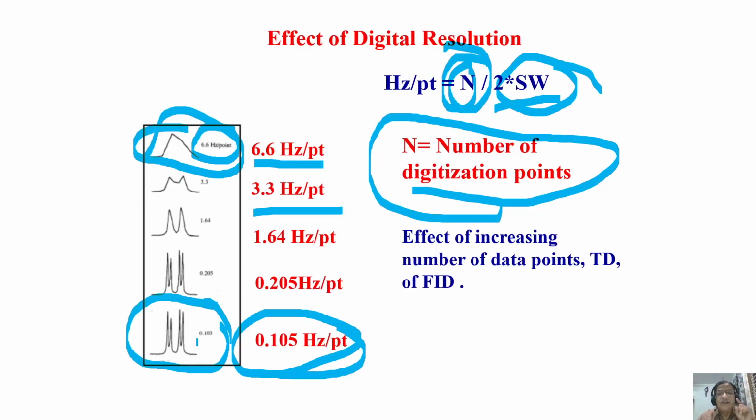You understand? The effect of digital resolution is so good and so important. So proper choosing of the spectral width and the number of digitization points is very important to achieve very good digital resolution to see a well resolved spectrum.